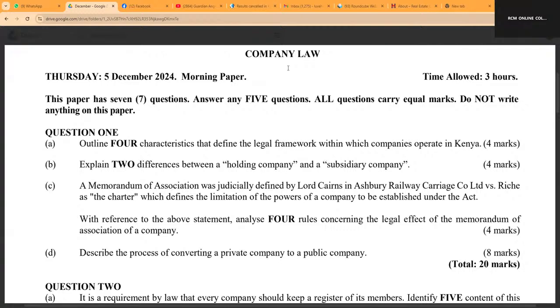A holding company can own 10%, 20%, 30%, while a subsidiary is a company whose shares are owned by another company in the majority, meaning more than 50%.